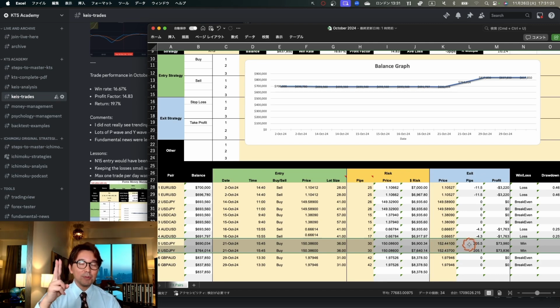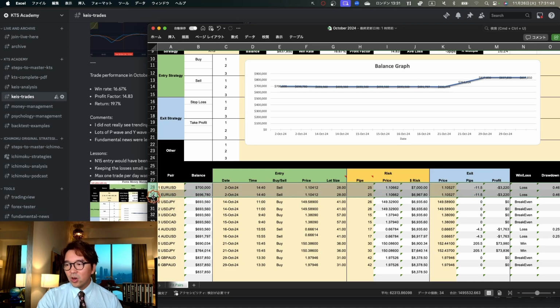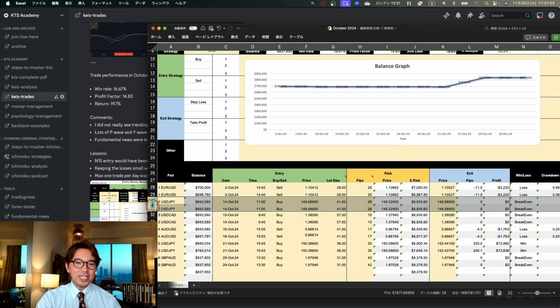Again, I take 2 positions, 2 stop losses. That's why I took 205 pips times 2. This one I will share today so that you know how to trail the profits like I do. But the rest of the trades were basically loss and break even. And to be honest, I think losing trades or break even trades are also important to explain.